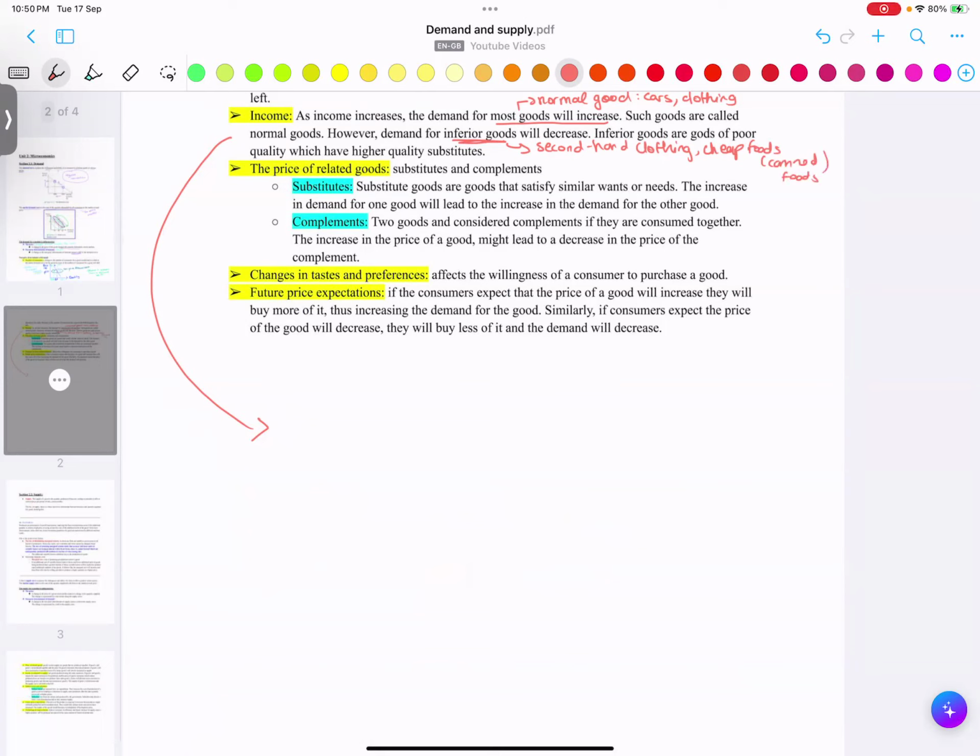So now we're going to be explaining. Inferior goods are of poor quality, which have higher quality substitutes, right? So they're poor quality. So basically, when there is an increase in income, what ends up happening is that, for normal goods, I'm going to do normal goods against inferior goods.